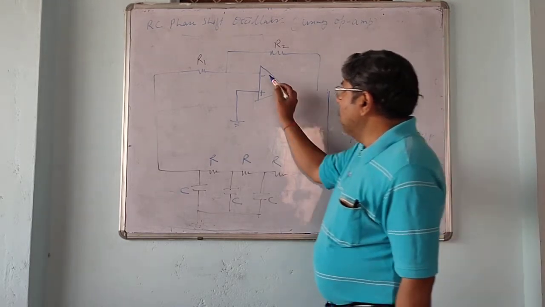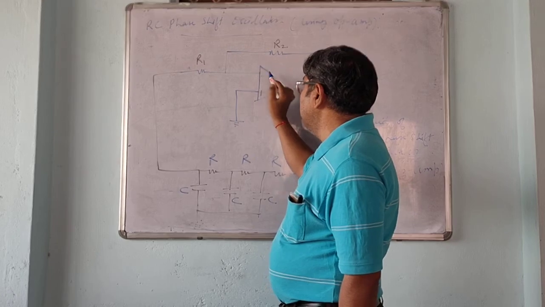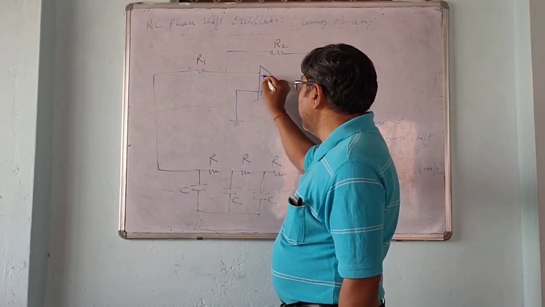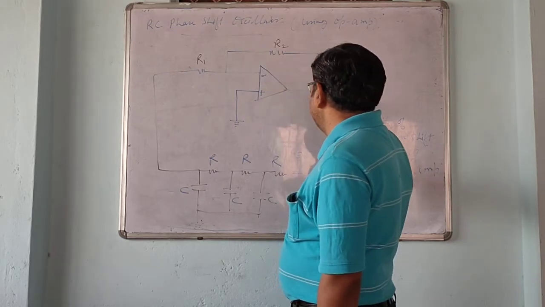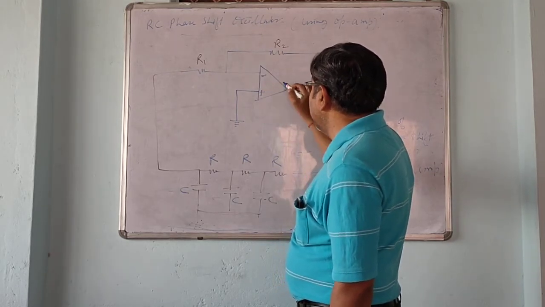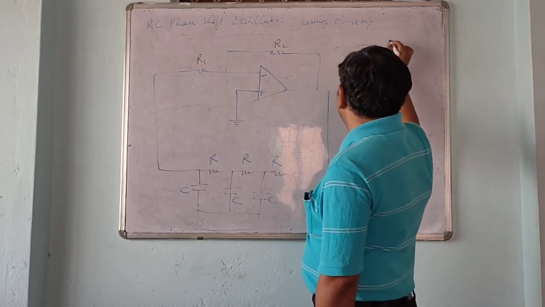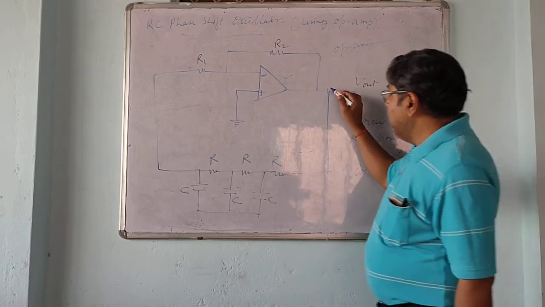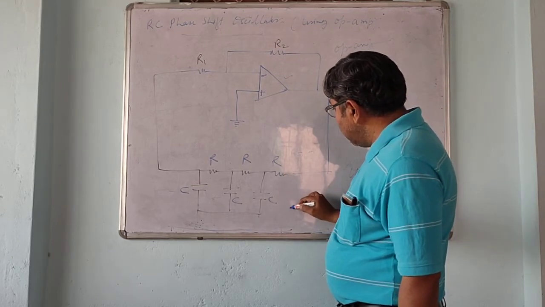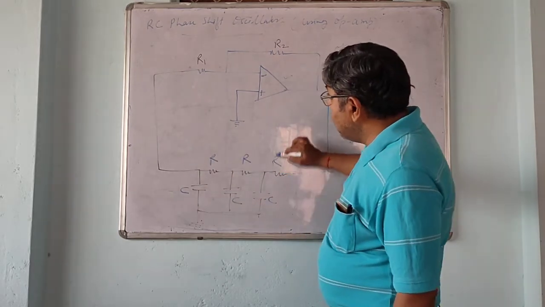The concept is the same because here we are using an inverting op-amp, since input is applied at the inverting terminal. So obviously 180 degree phase shift is provided by this op-amp. So the op-amp provides 180 degree phase shift, and a further 180 degree phase shift is required to get it in the same phase.